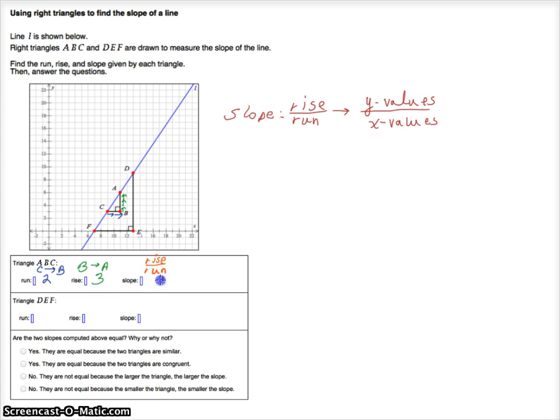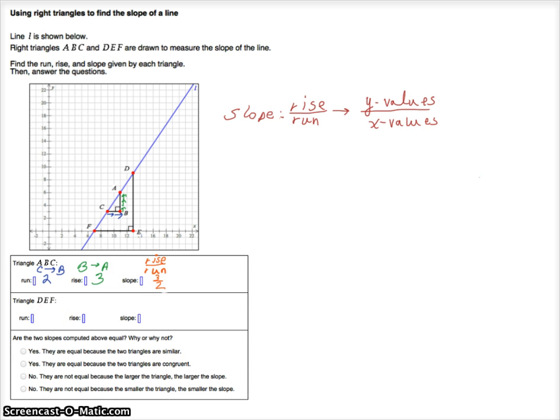So our slope is going to be 3 over 2. And that's all you do. You just compare the sides of the triangles to find the slope. And so this distance right here would be 3/2.